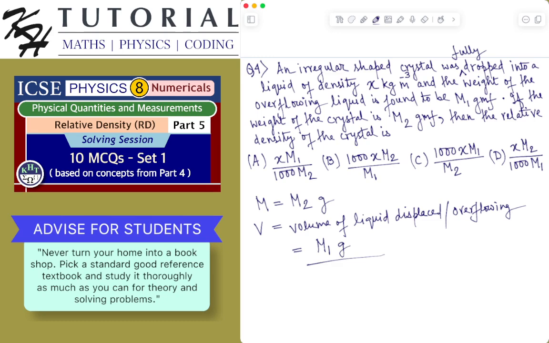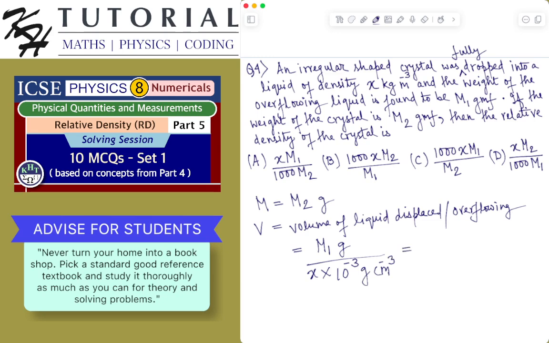Let's convert the density of x kilogram per meter cube into gram per centimeter cube, and it will be x multiplied by 10 to the power minus 3 gram per centimeter cube.